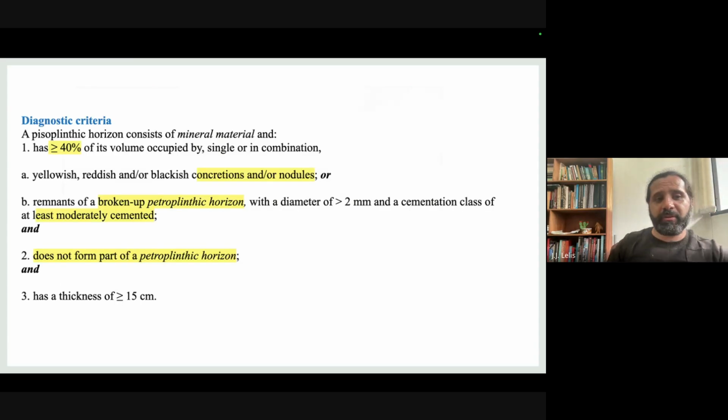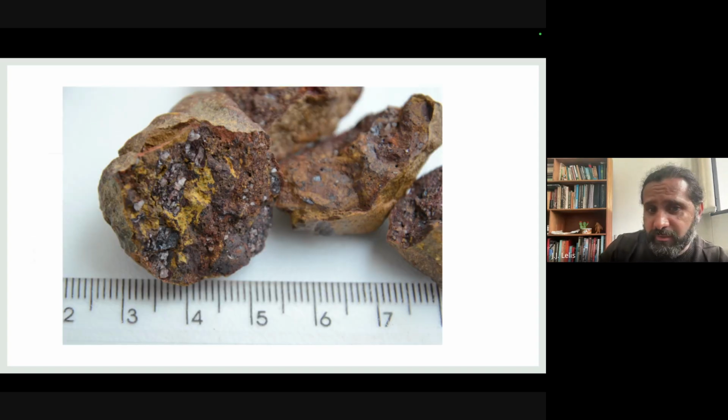The criteria to identify a pisoplinthic horizon: it is composed of mineral material, so the organic carbon content should be less than 20%, and at least 40% of its volume is composed of a single one or a combination of concretions or nodules. Okay, these concretions or nodules are iron cementation, iron concretions or nodules like this one.